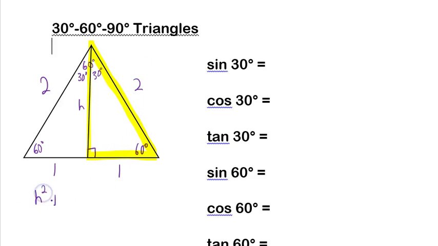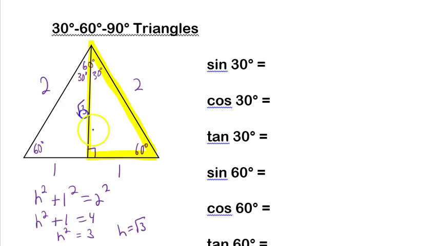So h squared plus 1 squared would equal 2 squared, or h squared plus 1 equals 4, leaving h squared to equal 3 and h to equal the square root of 3. So I can erase this h here and replace it with a square root of 3 now that I know that.